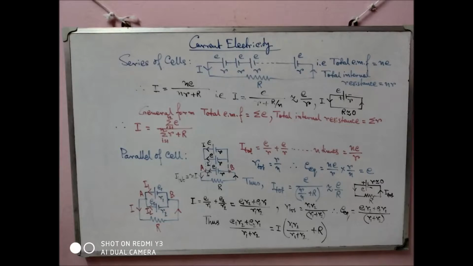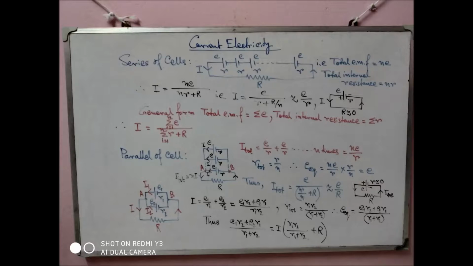Even more than maximum, more than maximum current flows through that wire, and it is a condition of short circuit. Due to this excessive flow of current, the cell gets damaged. And if it is not a cell, suppose your power line at home, the fuse burns out, correct? So that is known as short circuit condition.